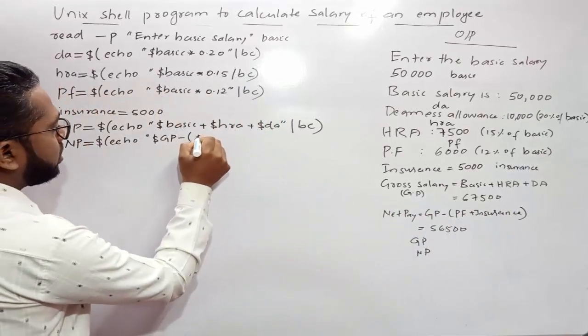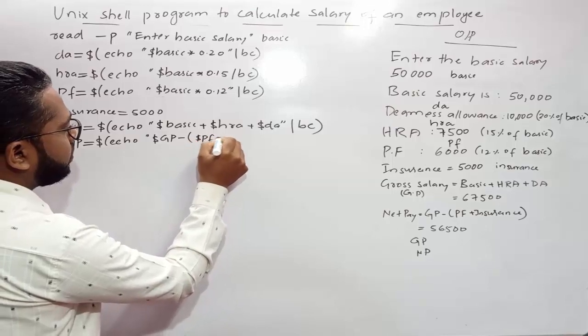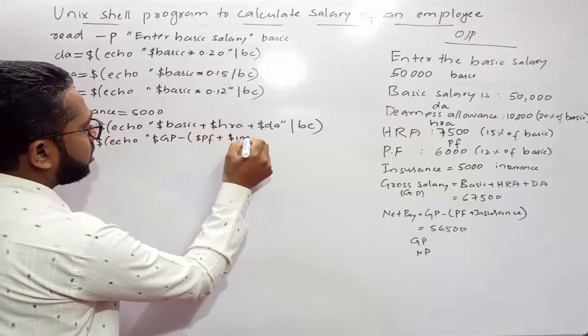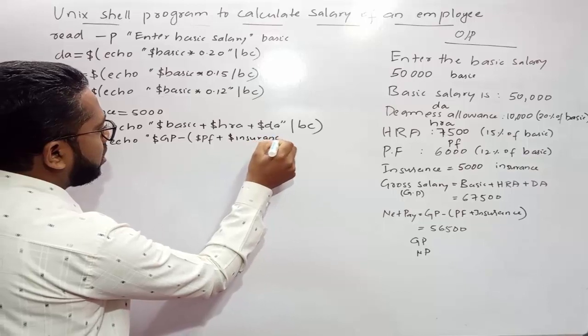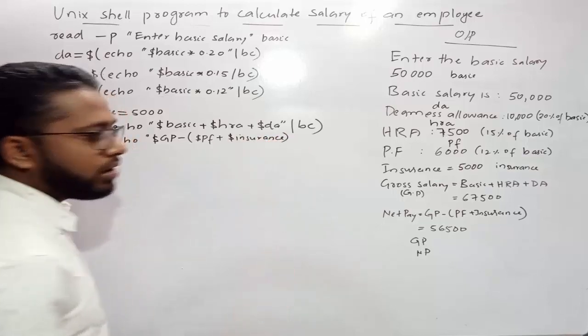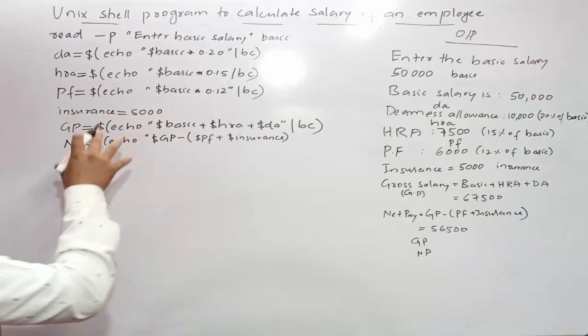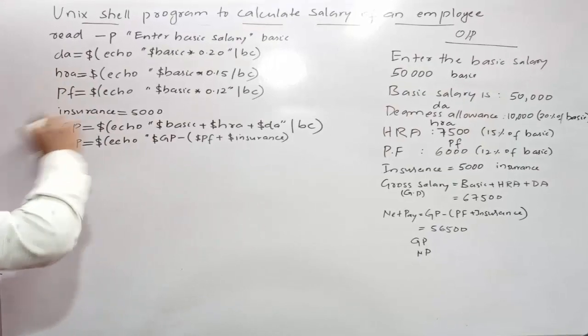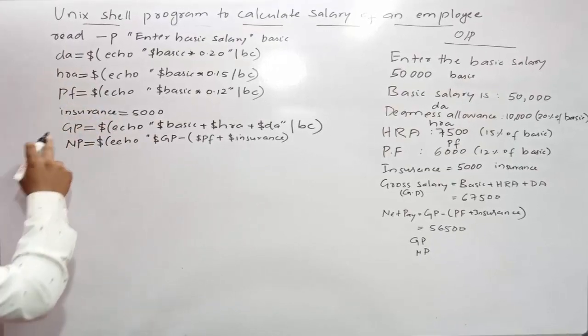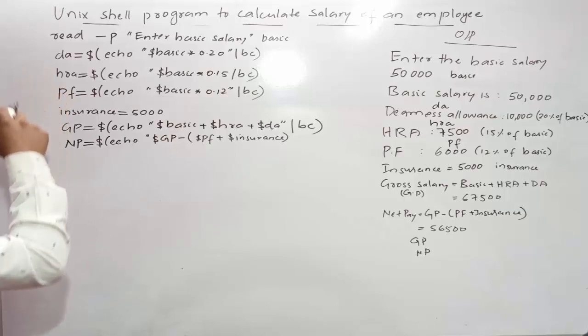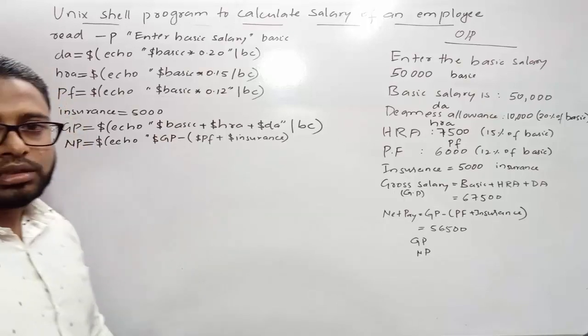So dollar GP minus dollar PF plus and then dollar insurance. Now we have calculated all the requirements. GP is calculated, NP is calculated, DA, HRA, PF and insurance, all these terms are calculated.